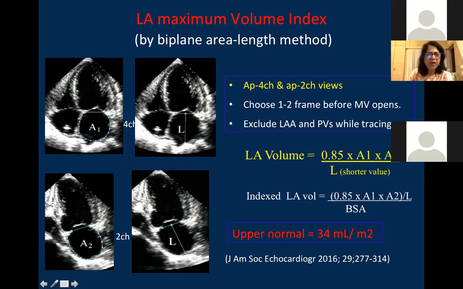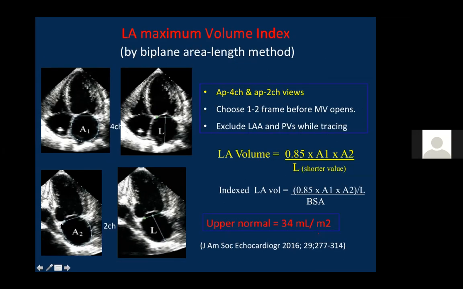And then we go to the apical 2-chamber view. Again, we repeat this procedure where we get the area 2 of the left atrium in the apical 2-chamber, and also we get a length. Now, so area 1, area 2, and out of these 2 lengths, we will take the value of the shorter length.